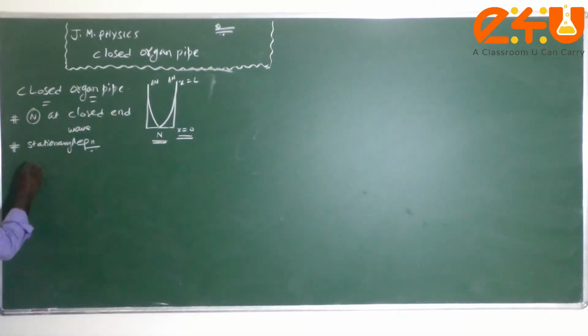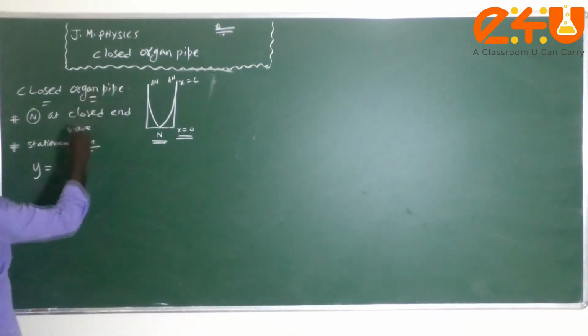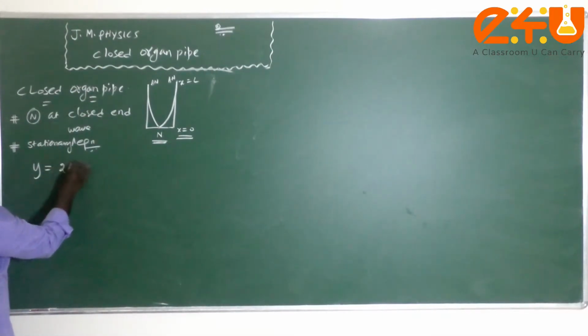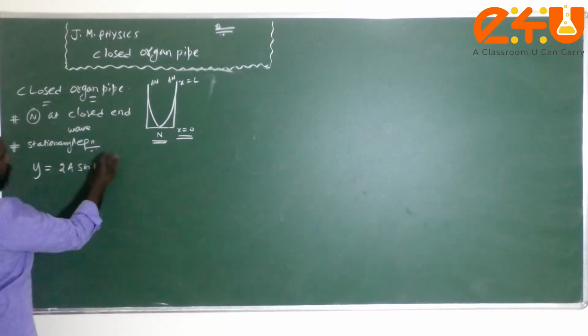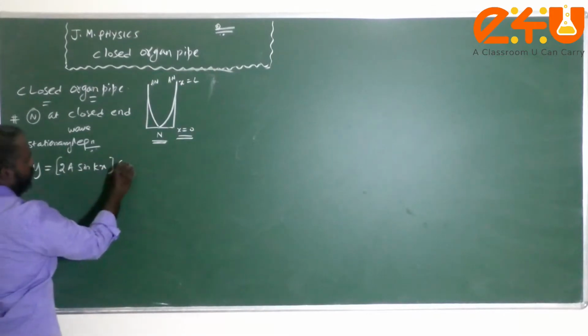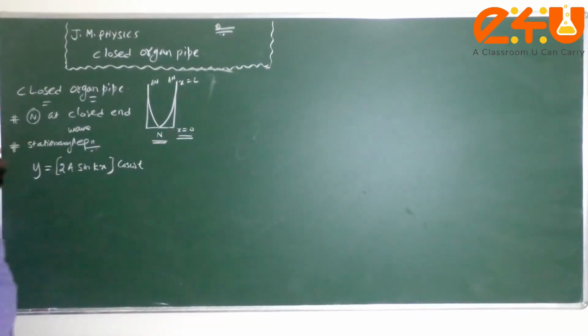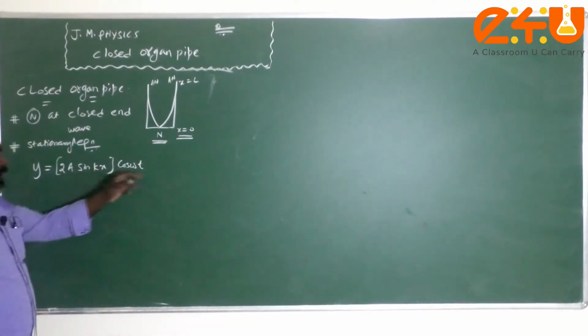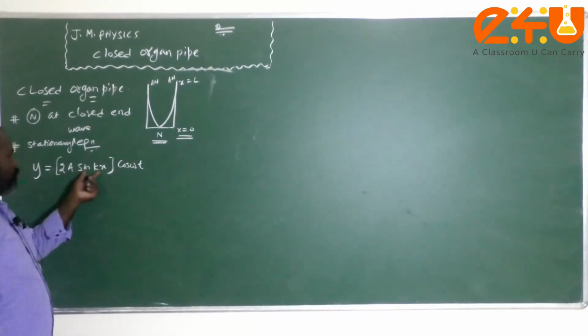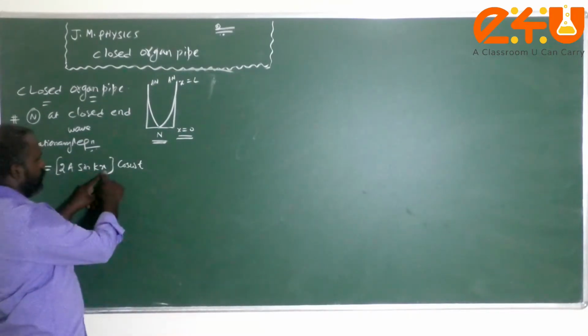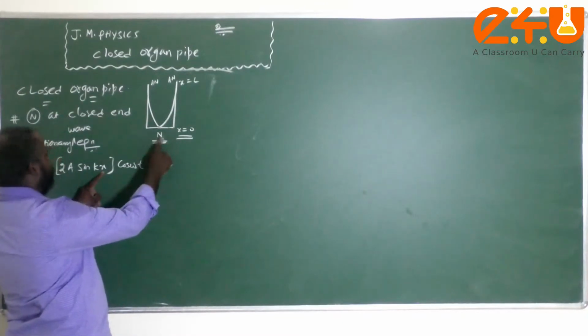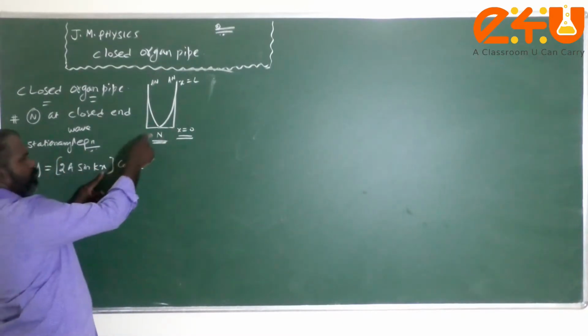So the displacement equation for the stationary wave in the case of a closed organ pipe is 2a sin kx cos omega t. I just explained why I have taken the amplitude as sin kx: for x equal to 0 a node should come, which means the amplitude of the stationary wave should be 0.